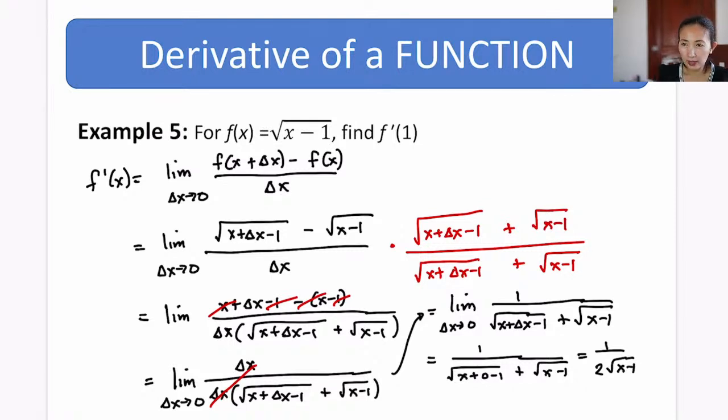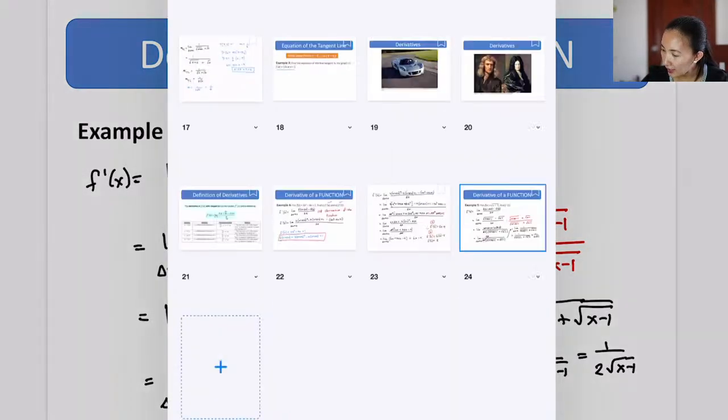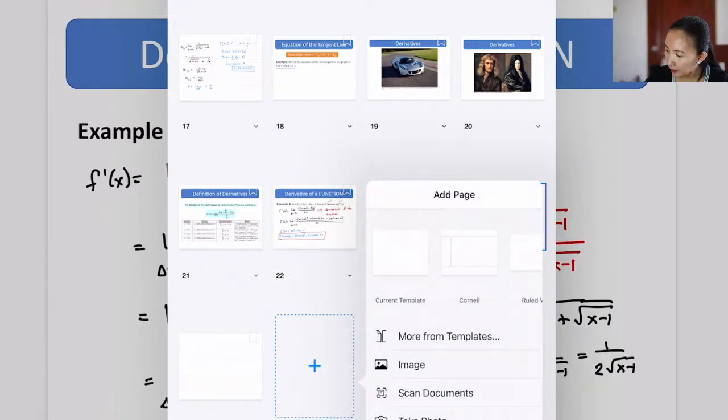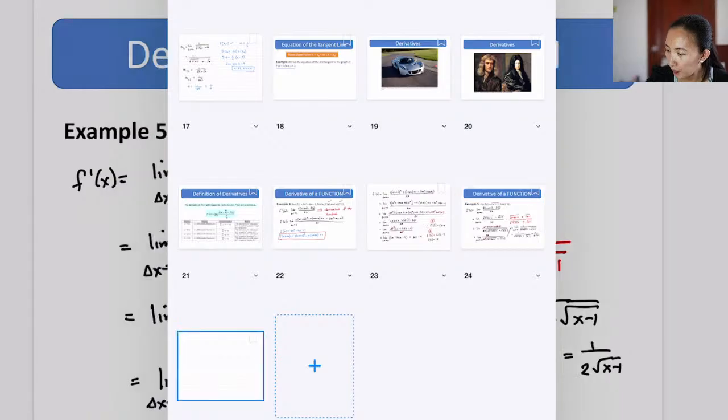Now, last question before I leave you. Let's go back para may makita kayong pattern. May nakita ba kayong pattern? Let's summarize. Our previous example, number 1, was f of x is equal to x squared.